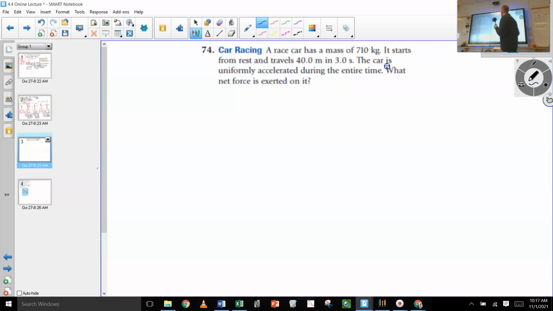So there's a race car. I can tell that's the back. It's got a fin. It's got a mass of 710. It starts from rest. Ooh, so it starts out at rest. I'm going to do this in green, and then it accelerates.